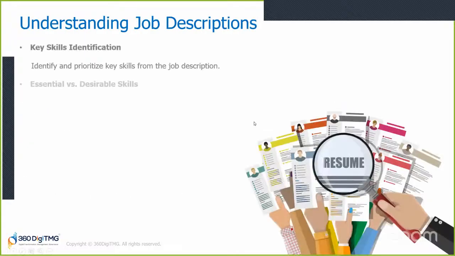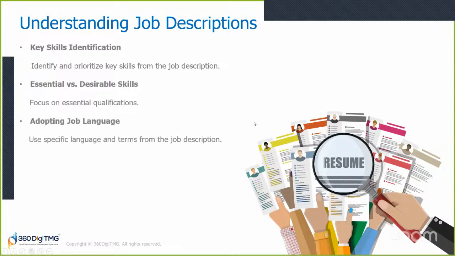Coming to the job description, you know that as a JD. If you are applying for any job, the description will differ for each and every role. If you are applying for a data scientist role, you will have a separate job description.